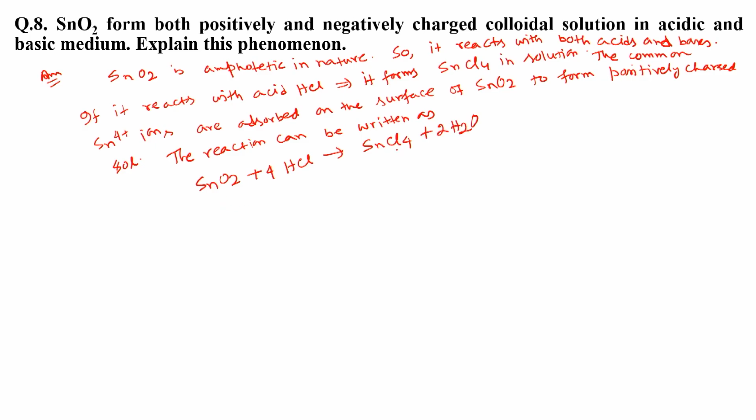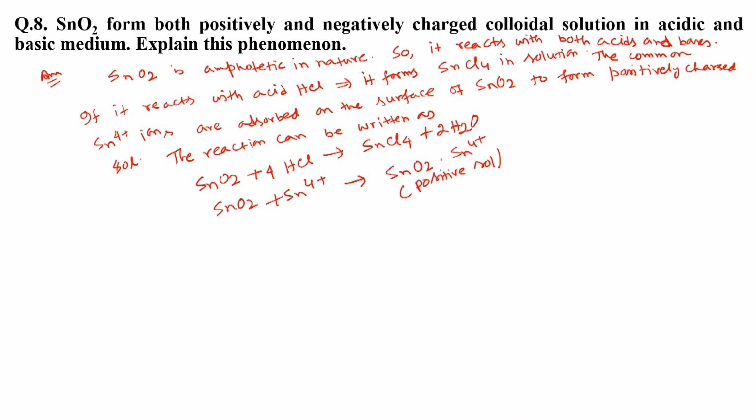Now, we have the SnCl4 which forms Sn4+ ion. So, you get SnO2 plus Sn4+ gives SnO2 Sn4+. This is positive sol, right? Positive sol.